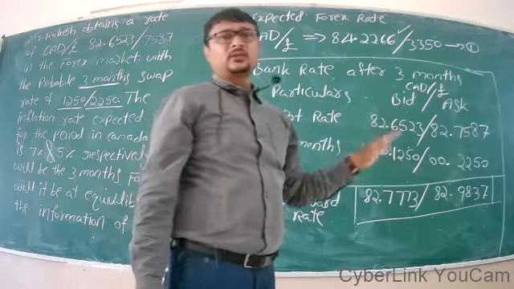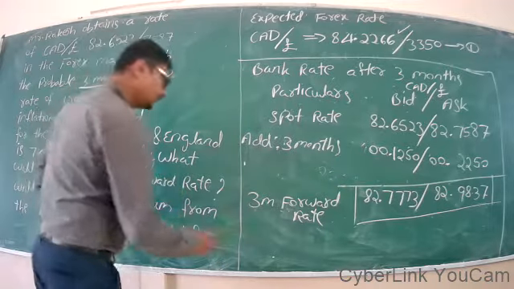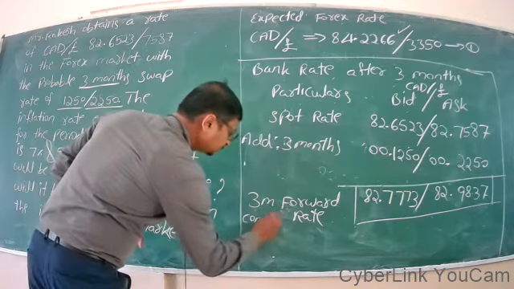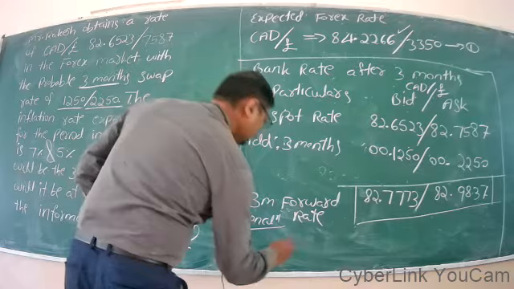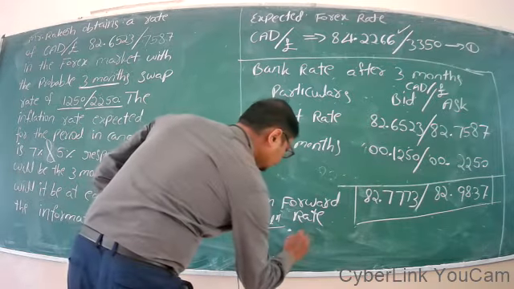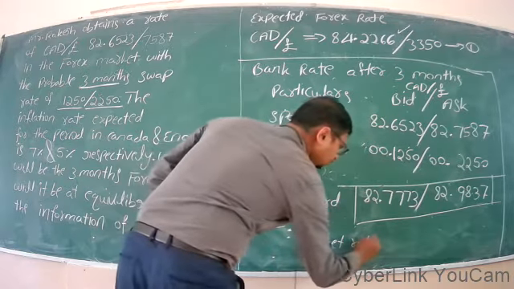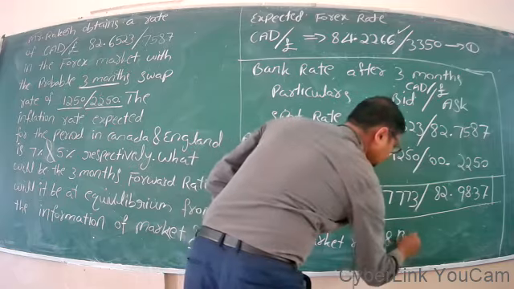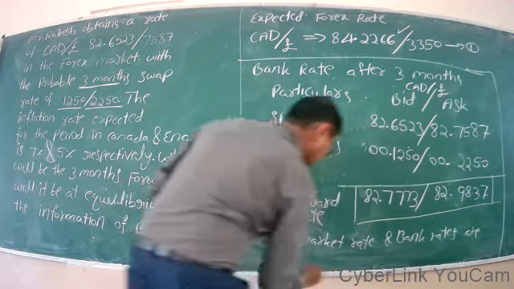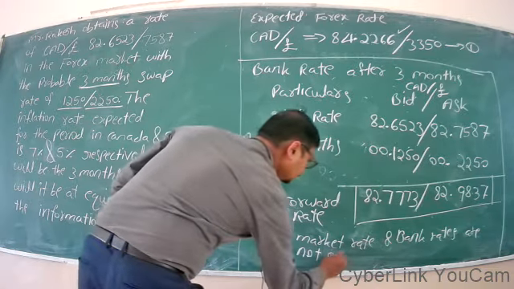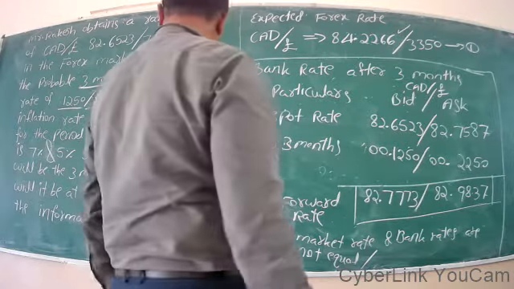So there is no equilibrium between the market rate and the bank rate. So how do we conclude? Conclusion: the bank rate and market rates are not equal.